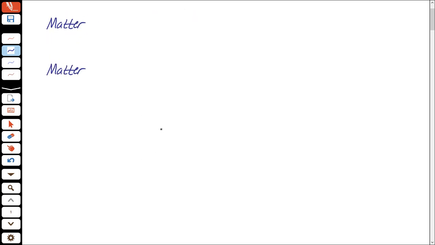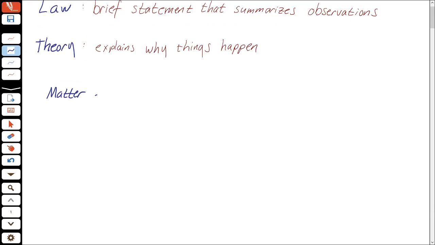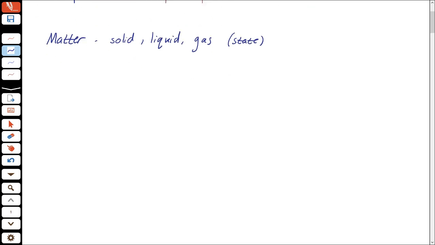We can say that matter is a state: solid, liquid, gas. That's called states of matter. We can also classify matter according to its composition, its components. What is it made out of?